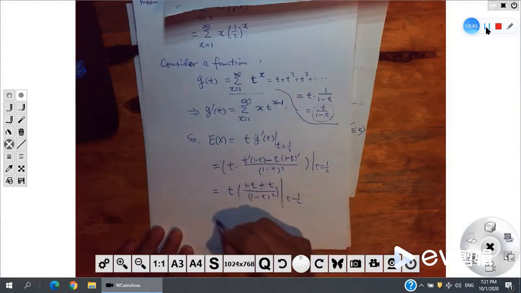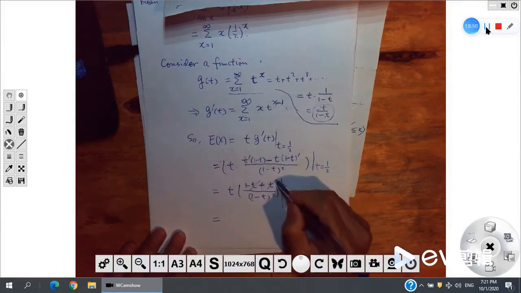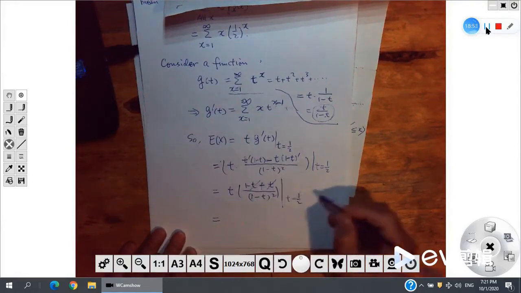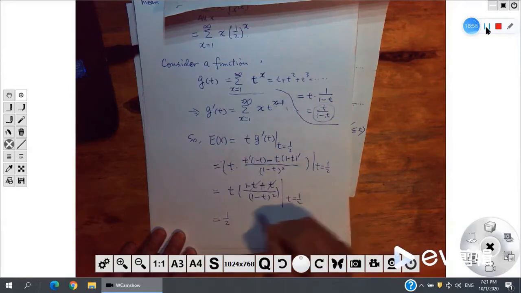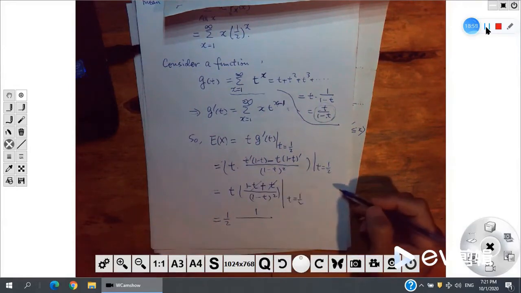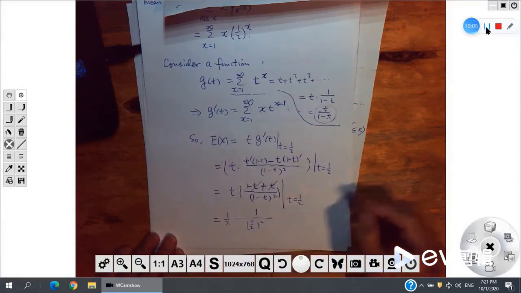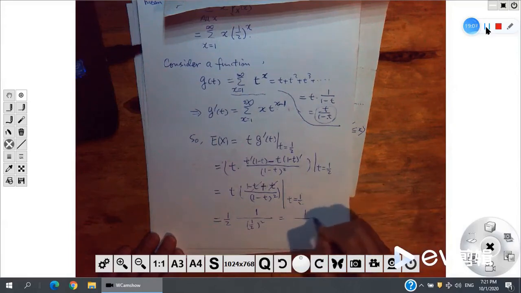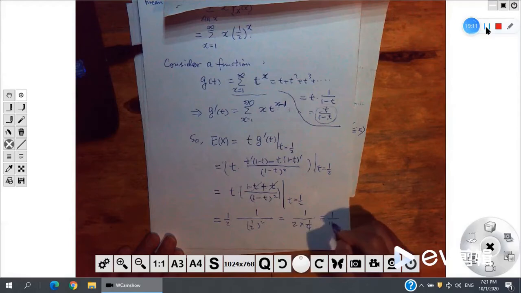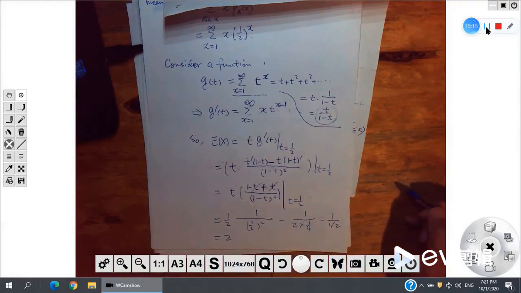These two cancel. Let me plug in 1/2. The numerator is just 1, those t cancel. The denominator is 1 minus a half, which is another half, squared, so this is 1 over 1/4. I got 4... so we have E[X] is 2.